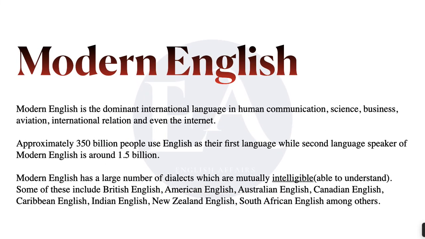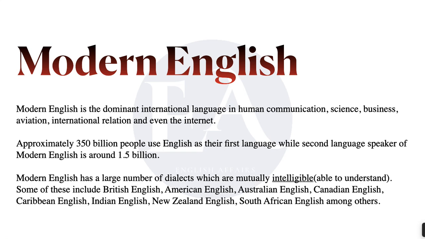Now the modern English. At this time modern English is a dominant international language in human communication, science, business, aviation, international relations and even the internet. Approximately 350 billion people use English as their first language, while second language speakers of modern English are around 1.5 billion.